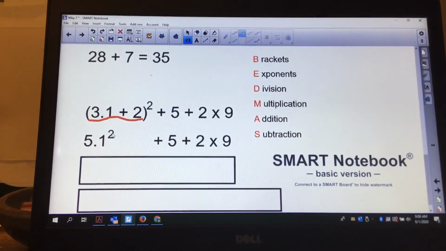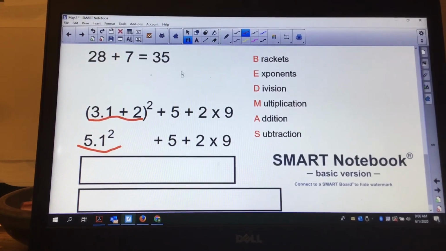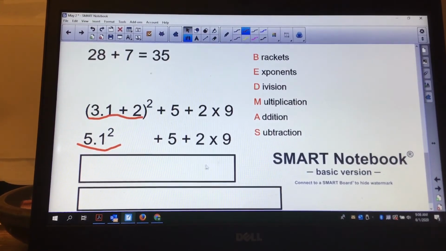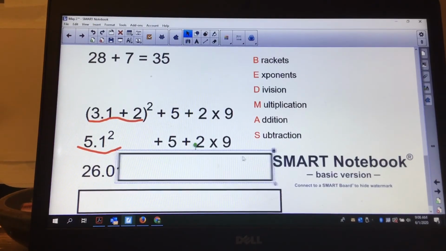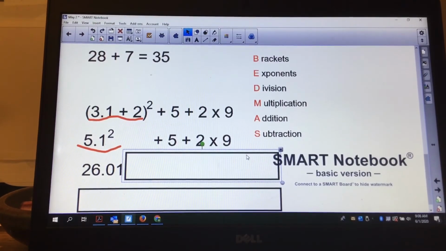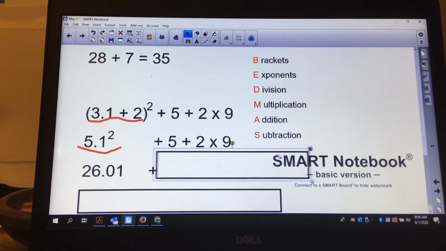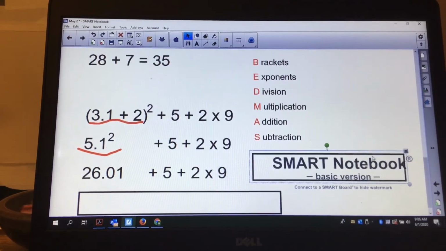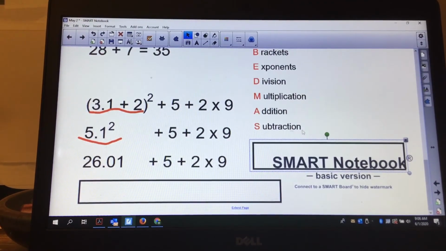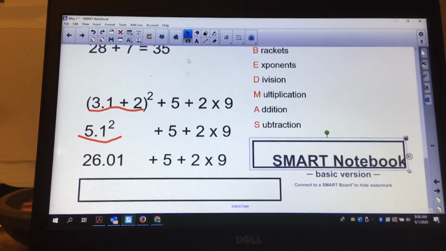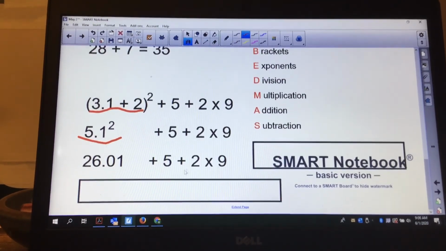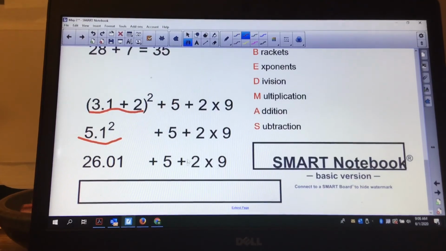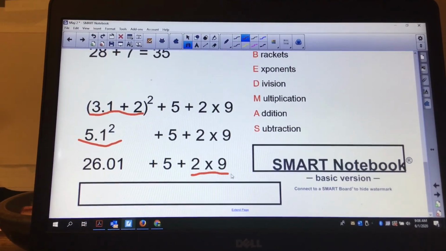I'm now into my exponent, so I have to do this bit again. The rest of my problem is going to stay the same. 5.1 to the power of 2 is 26.01. The rest of my problem stays the same. After this, it's so tempting just to do this addition because it's so easy, but we can't get tripped up.